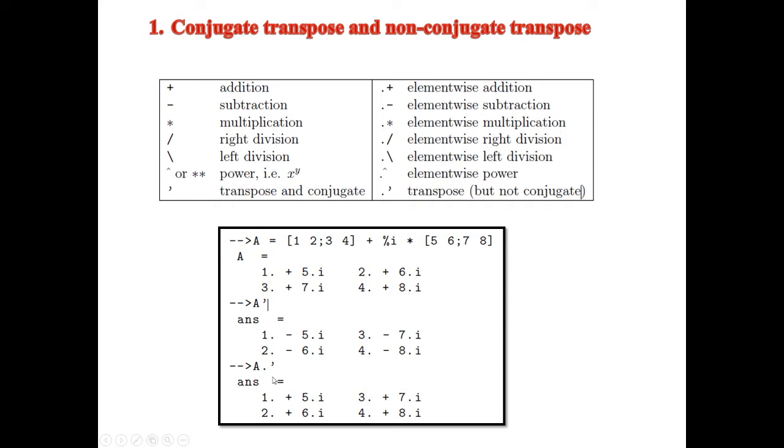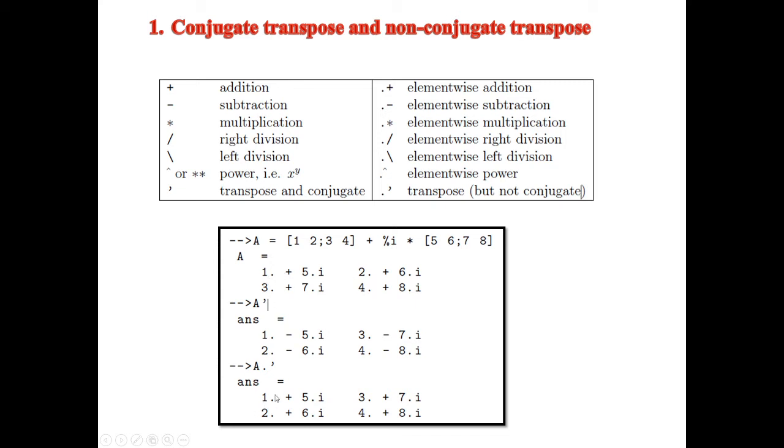The same way, if it is dot single quote, this is the matrix you have to take the transpose of but not conjugate, which means it will change the row into column. This is the row 1, 2, 3, 4. 5, 6, 7, 8 is the column. Here how has it been changed?